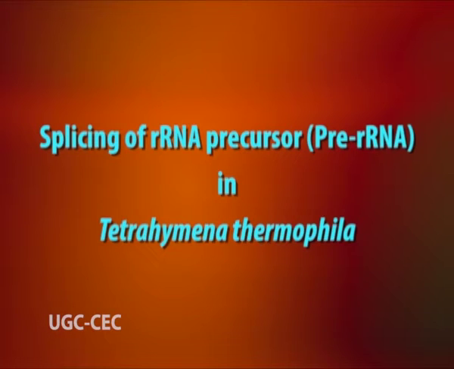Next is splicing of rRNA precursor, pre-rRNA, in Tetrahymena. It is one of the best examples of autocatalytic splicing or self-splicing, as the introns in rRNA precursors are excised without the involvement of any protein.